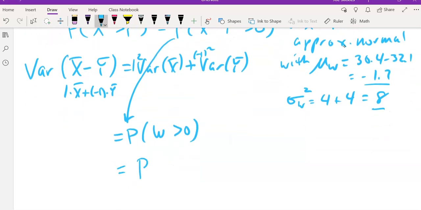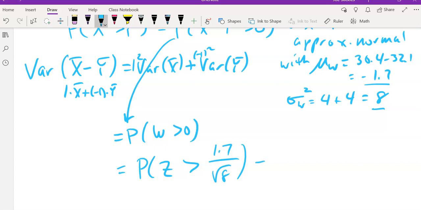I got a z-score, right? So z needs to be greater than 1.7 over 2 squared. Okay. I agree with you. All right, I got to subtract the mean. So it's 0 minus negative 1.7 and divide by the standard deviation, which will be the square root of 8.